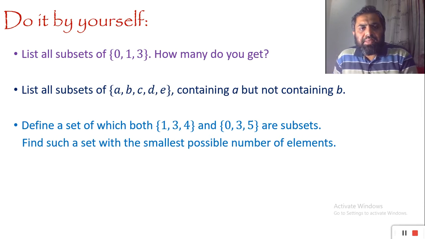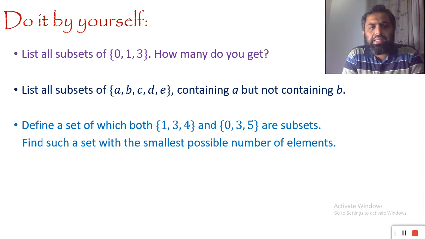So over here there are some exercises. I request you to do them by yourself. For example, list all subsets of the set 0, 1, 3. We have a 3 element set, so how many subsets will we have?